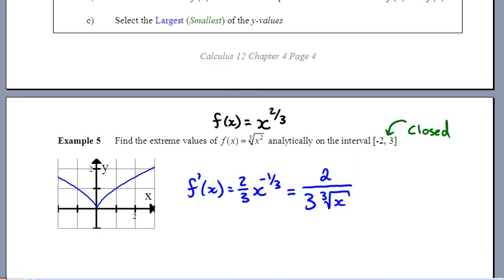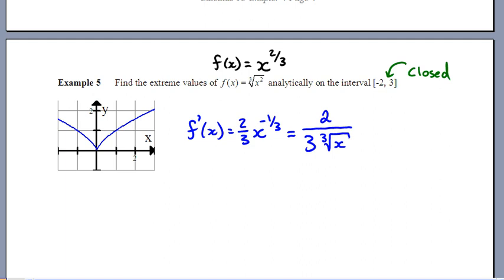So I like to always set up my work like this. I say, okay, there's the function. And then I'm just kind of curious, does that equal zero? Does that ever happen? Or does that equal does not exist? Could it be one of those two things? And so I start staring at this fraction.